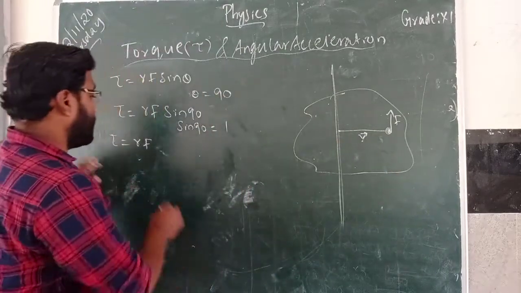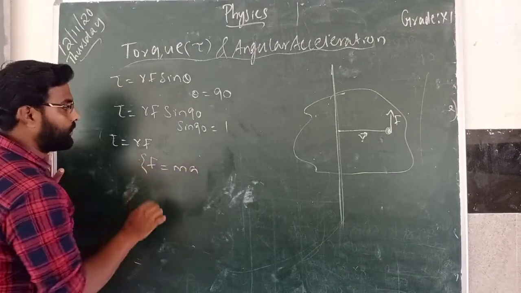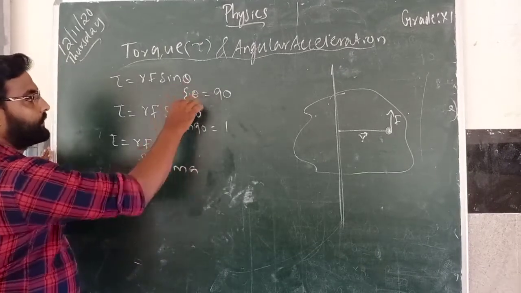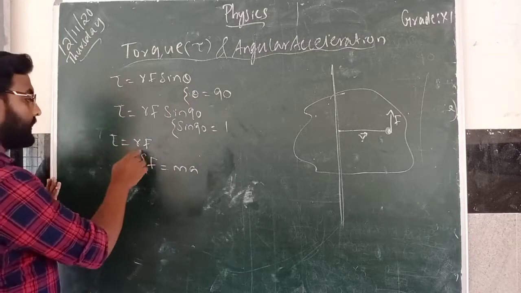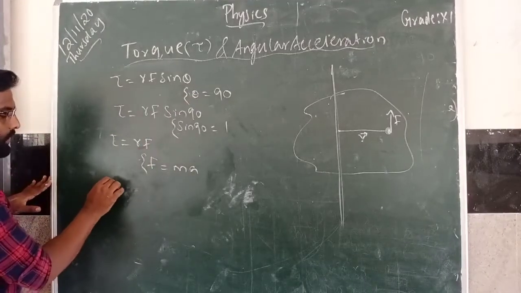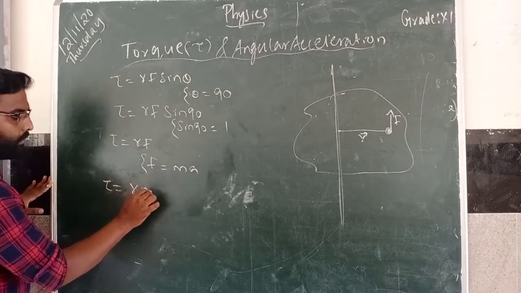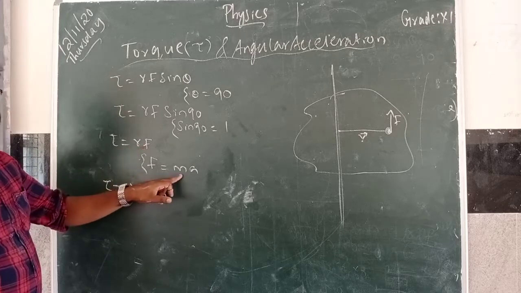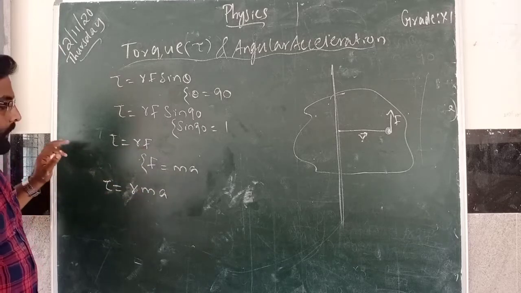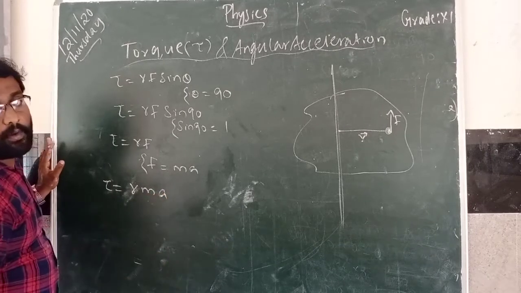Now you know this formula, F is equal to what? Newton's formula, F is equal to ma. Instead of F, we are applying ma, so torque is equal to R into m into a. Now, angular acceleration: what is the formula?